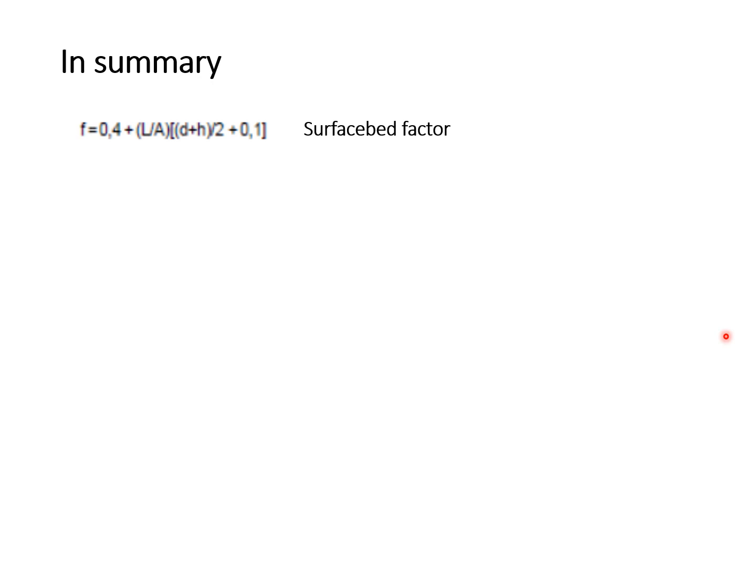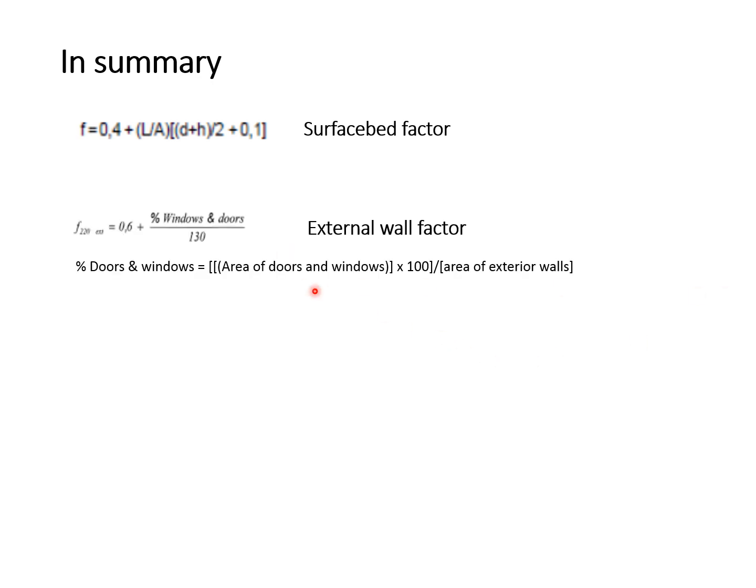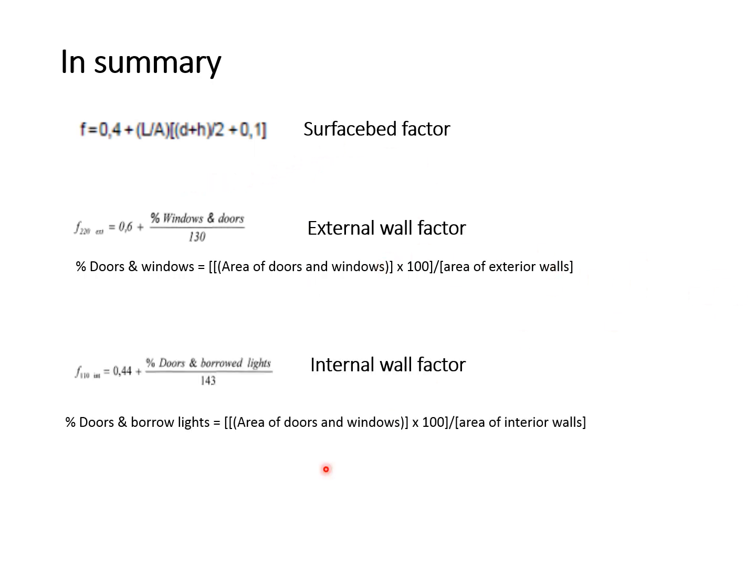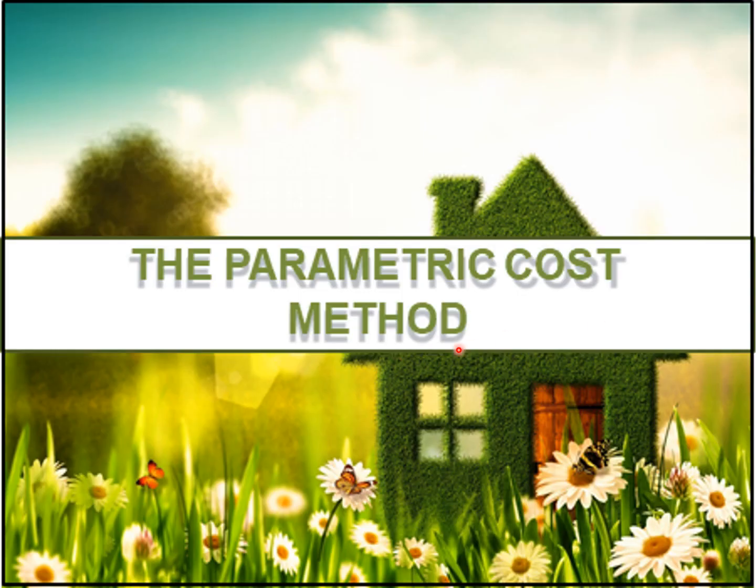So in summary, the following factors are necessary: your surface bed factor, your external wall factor, and your internal wall factor, which you should be able to calculate. Then we get to the parametric system, and as I've mentioned, this is the get out of jail free card usually.